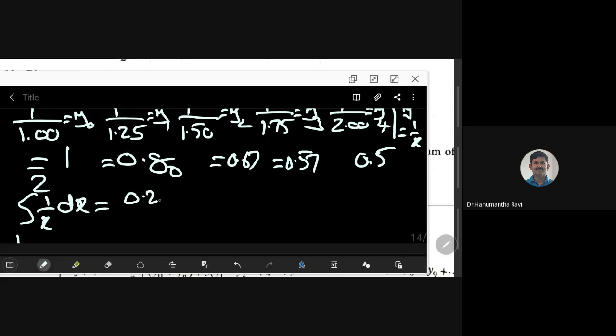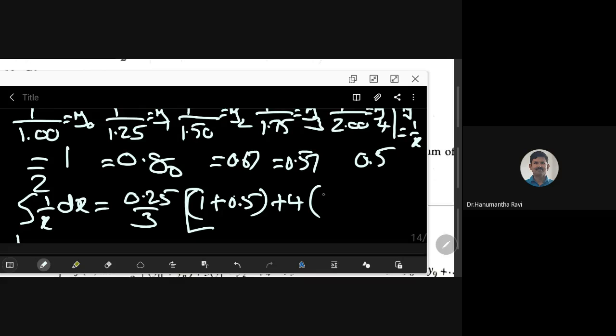H is 0.25, by 3 into the first and last terms, that is y0 and y4. So 1 plus 0.5, plus 4 into the odd terms. What are the odd terms? 1 and 3.